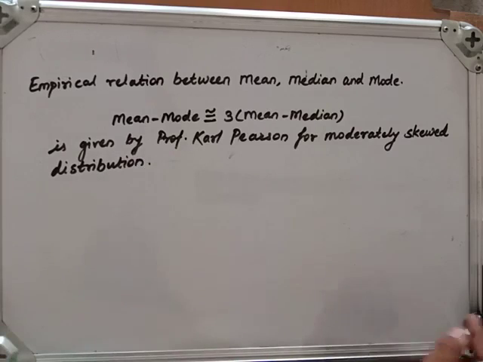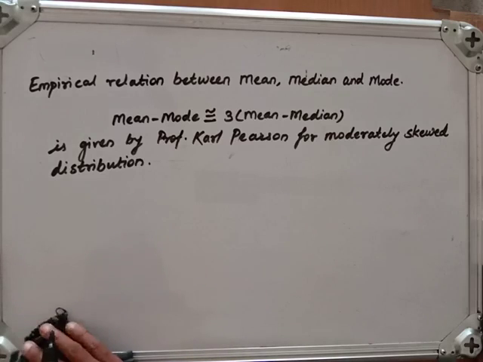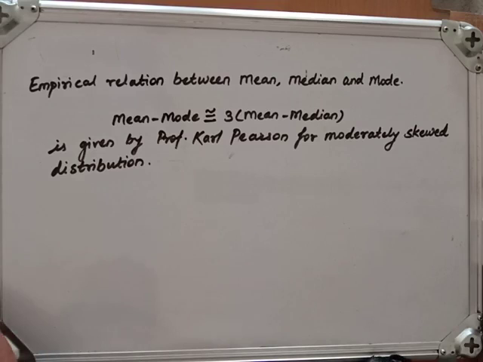Now let us see the next part, that is measures of skewness. We have seen that skewness occurs in some distributions, and there are two types of skewness, positive skewness and negative skewness. Now let us see how we can calculate them. As I said previously, there are two measures of skewness. First, Karl Pearson's coefficient of skewness, and the next, Bowley's coefficient of skewness.